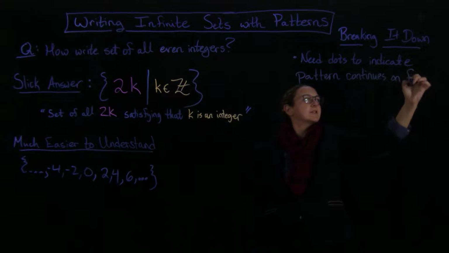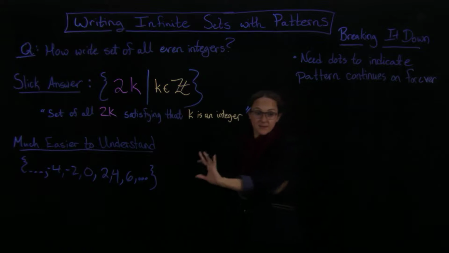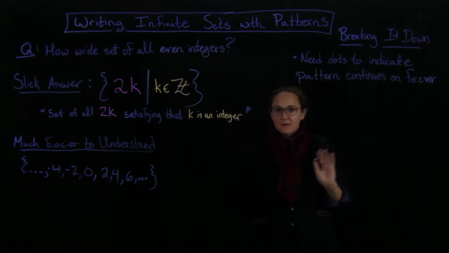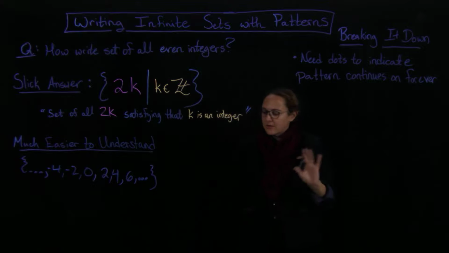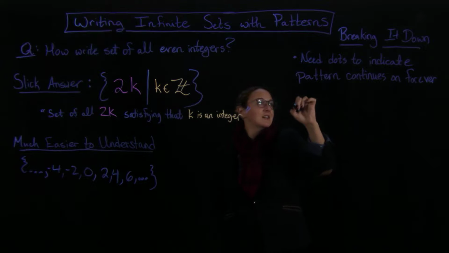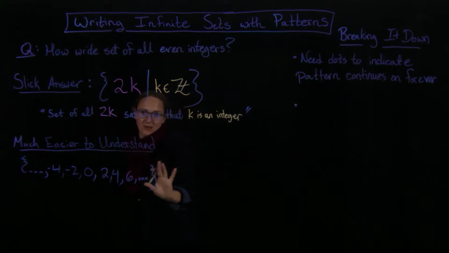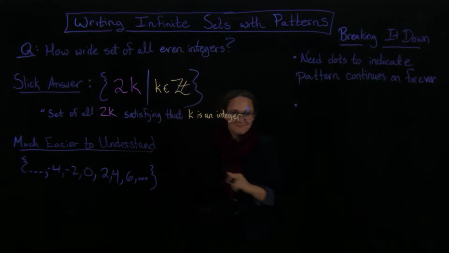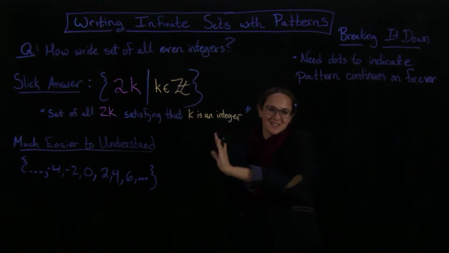You don't ever stop listing numbers as you go in that direction, but they have to still fit within that pattern. Also important here was that I had to put dots on both the right-hand side and the left-hand side, to indicate that I'm going to continue infinitely far forward and infinitely far backward.